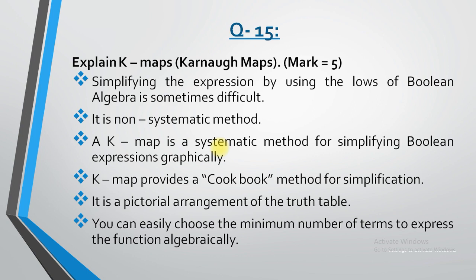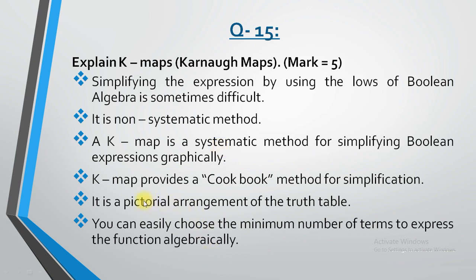Sometimes the K-map is also referred to as a cookbook method. That is another word used for a K-map. It is also referred to as the Karnaugh map. The full form of K-map is Karnaugh map. It provides you a cookbook method for simplification.